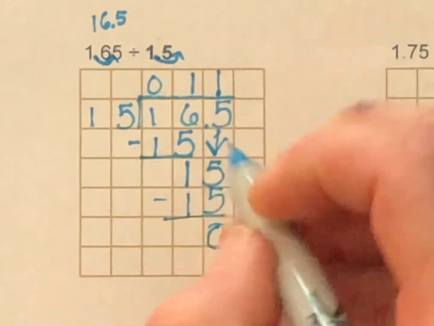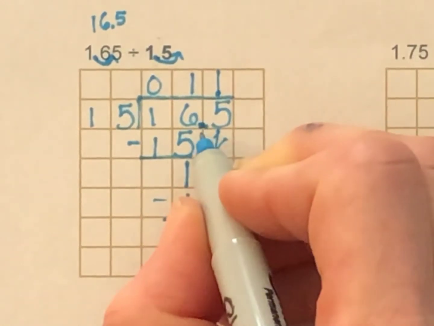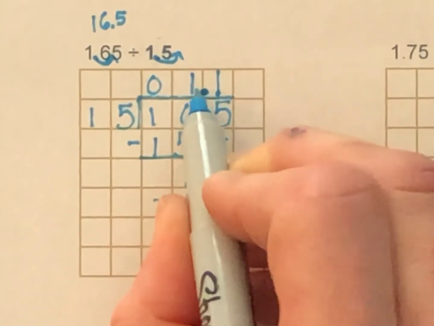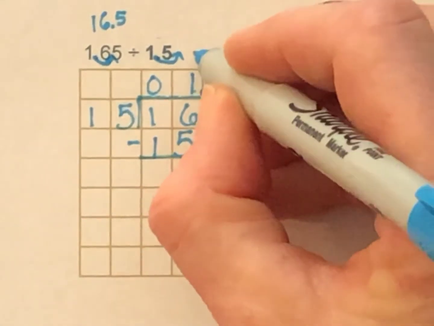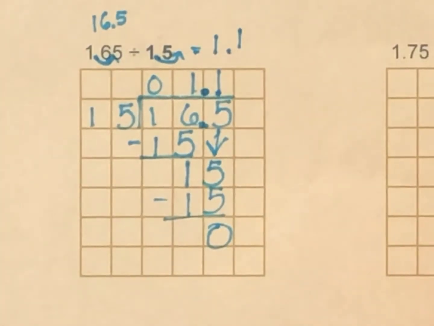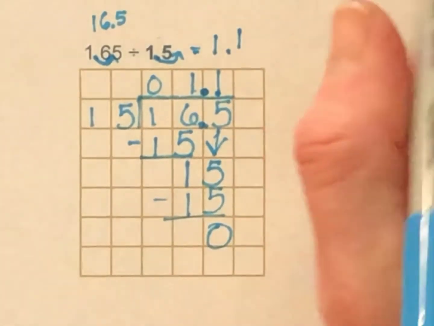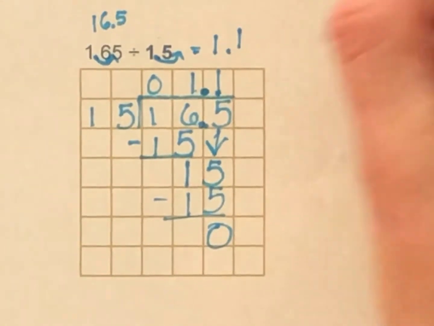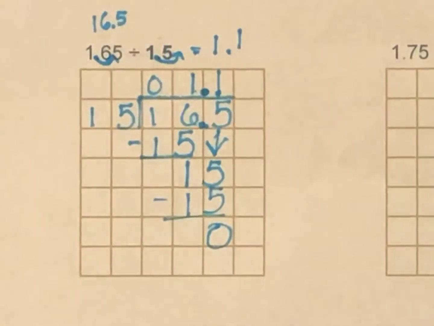So before I write my answer, since I've got a decimal in the dividend, I've got to go straight up and put it up here. So my answer is 1 1/10. So remember, you don't have to have a whole number in the dividend. A lot of the times you will, but there are several other times when you're still going to have a decimal in the dividend.